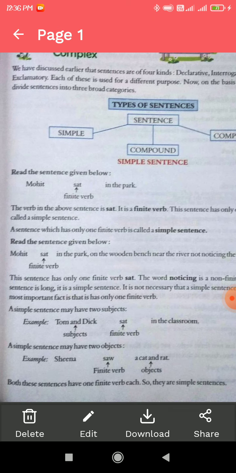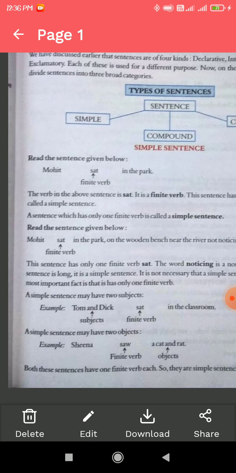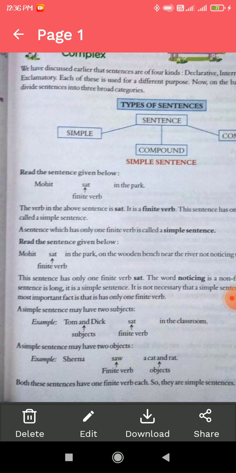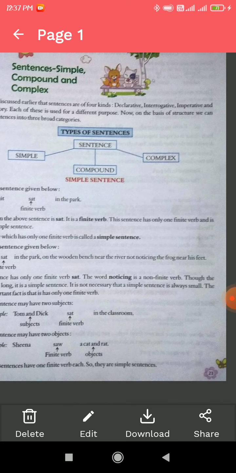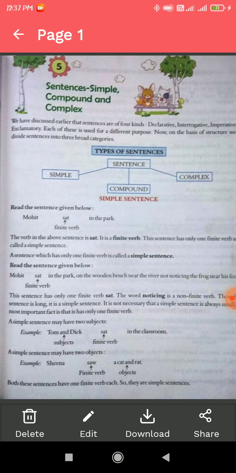Usually people think that if the sentence is long, it is not a simple sentence, but it is not necessary that a simple sentence is always short. So always remember how to identify whether the sentence is simple: we just have to keep in mind one thing, that a simple sentence has only one finite verb.